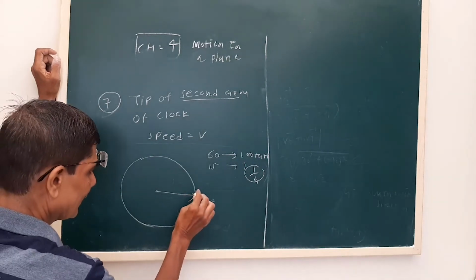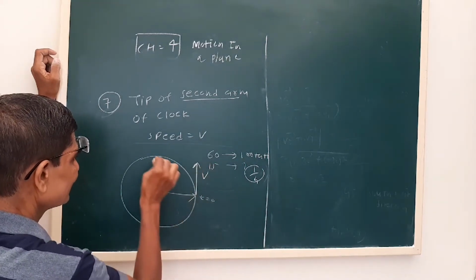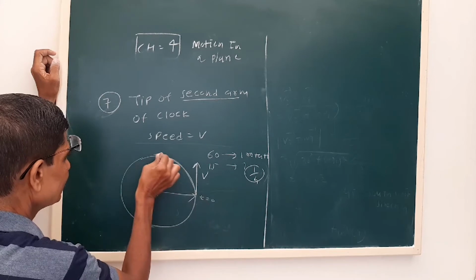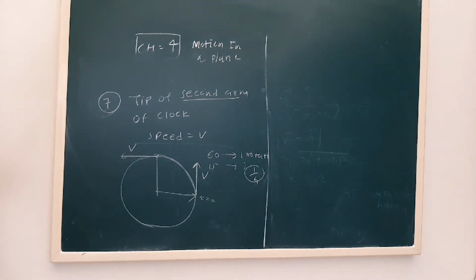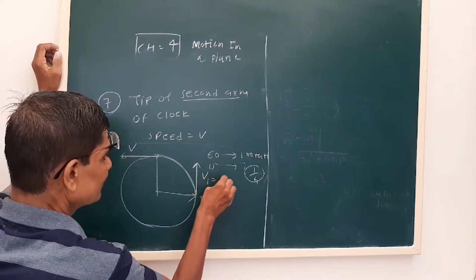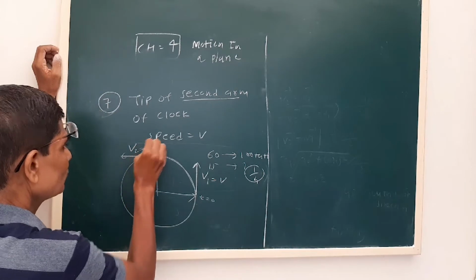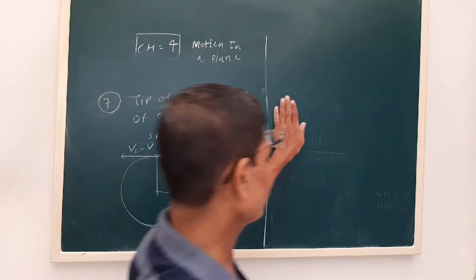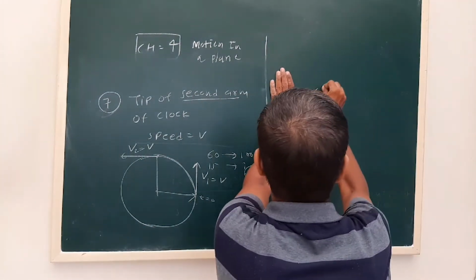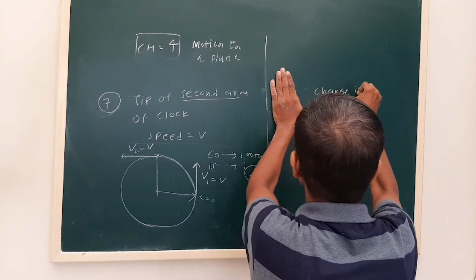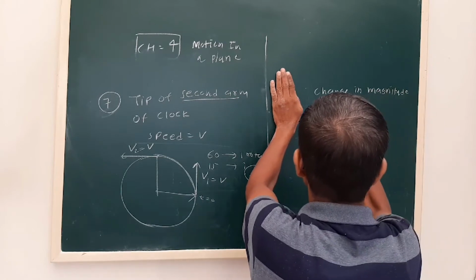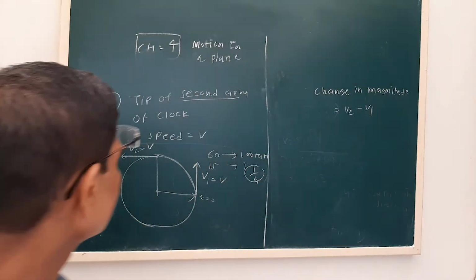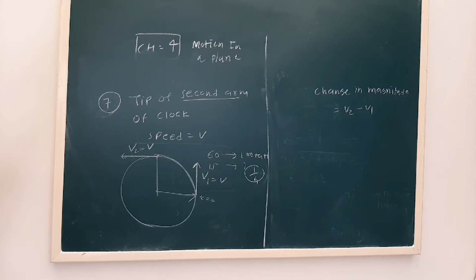Let us say at a given instant the speed is v. In 15 seconds it will be here, and the speed is again v. Now what is the change in the magnitude? Let v1 be v and v2 also v, but we want the change.